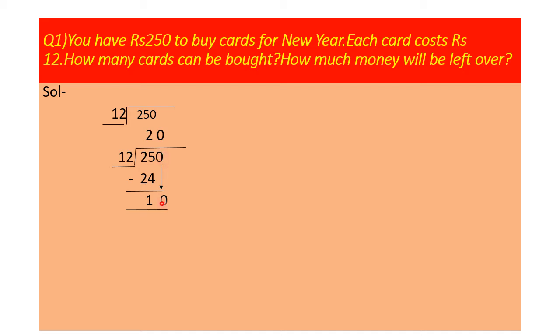Now we will bring down this 0, 12 in 0 times is 0. So here we have already got the answer. The quotient which we have got, which is 20, is the number of cards which we can buy, and 10, which is our remainder, will be the money left over with us. So this question is very easy for us to understand.